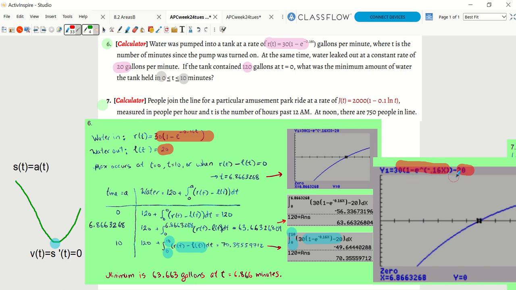Remember, don't integrate this, because when you integrate this, you return it back to the position or amount level.